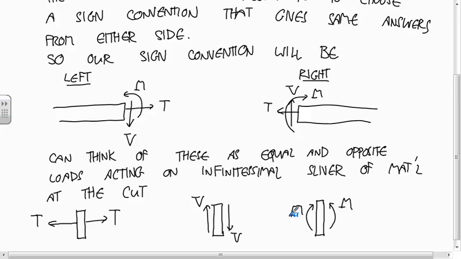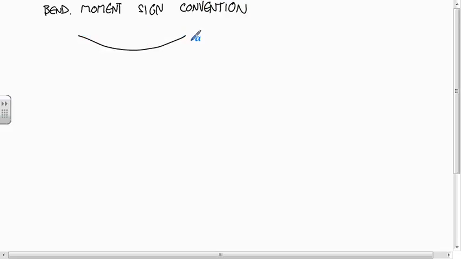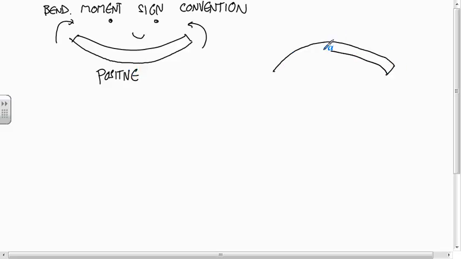It's easy to remember the sign convention for the moment because the bending moment sign convention is positive if it does this to the sliver, and it's negative if it does this.